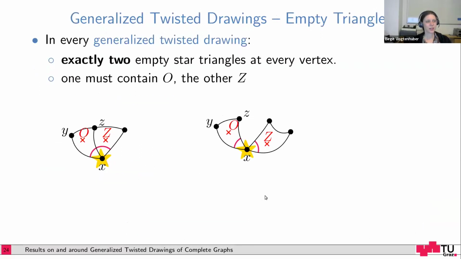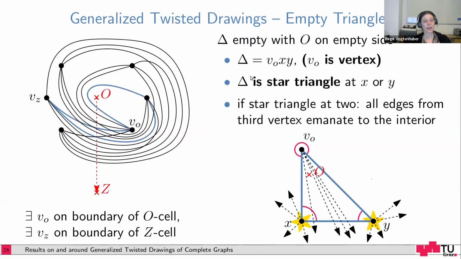And then when we started looking at generalized twisted drawings, recall we have exactly 2 empty star triangles at every vertex. One contains O, one contains Z, and every empty triangle is a star triangle at least one of its vertices.